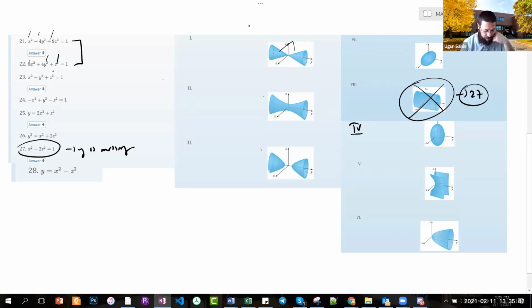Exactly, Matthew. So I have two ellipsoids here. Since we ignored the numbers, I'm not going to match each one. So ellipsoid and then ellipsoid, look at that. I can just clear them out.